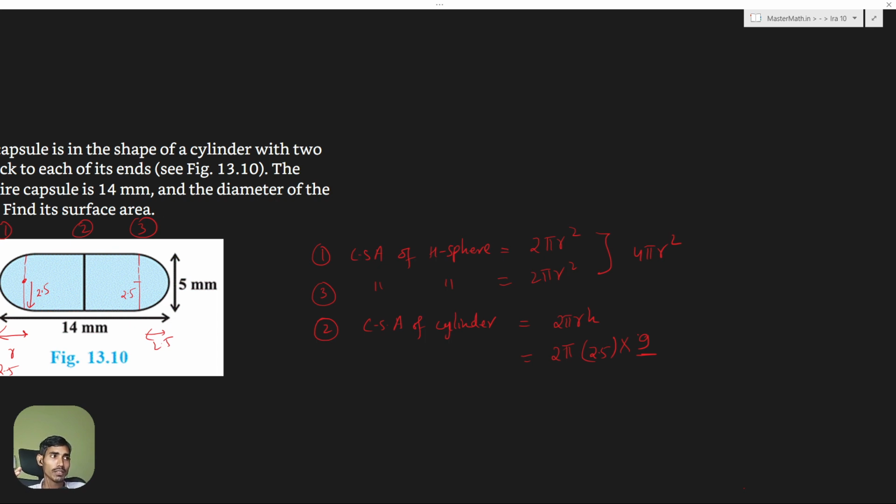If it is a single question and the intermediate values are not marked, that's not needed, so you can skip that. But if the first part is to find the CSA of hemisphere, the second hemisphere, and the third part, with 1 mark, 1 mark, 2 marks, you need to get the final values for each of them. That's how we deal with this.